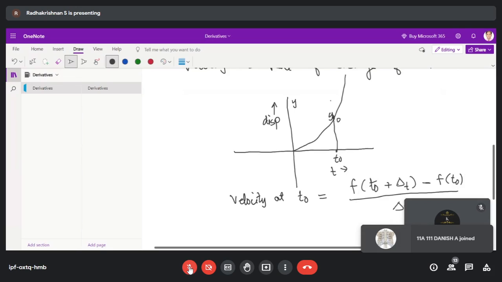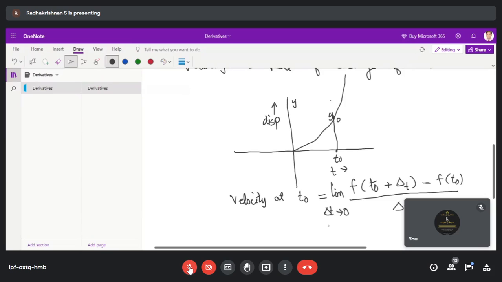This is the only way in which we can determine the exact velocity at time t0. For that we need the differentiation function. So the velocity at t0 is given by f of t0 plus delta t minus f of t0, divided by delta t, when delta t tends to 0. Velocity is something we practically use in many problems.